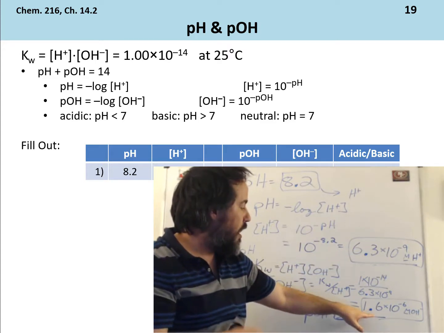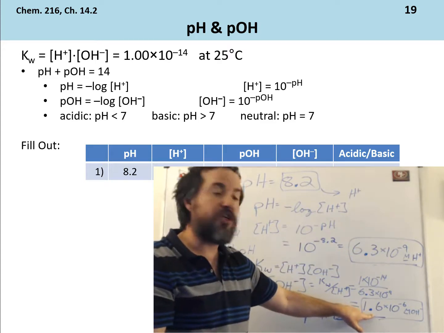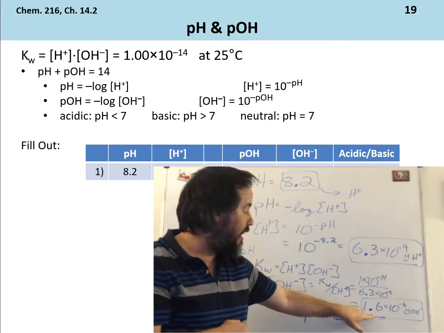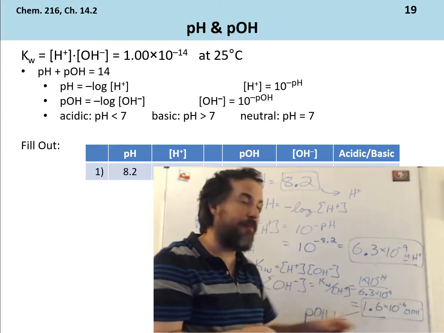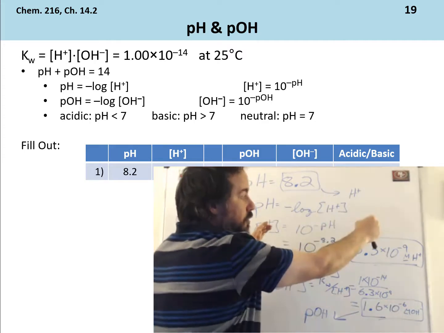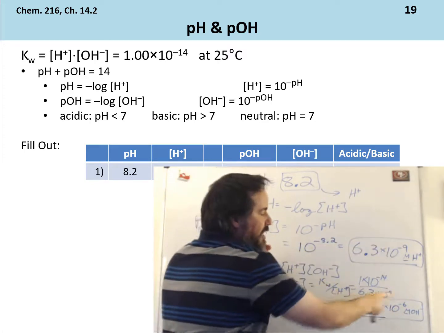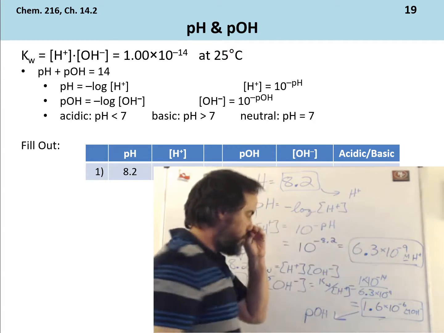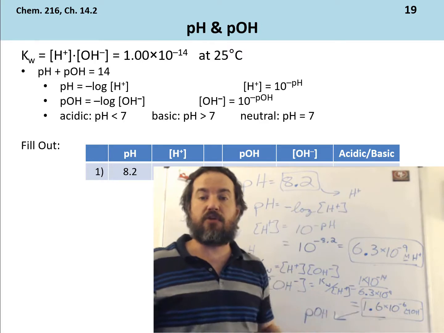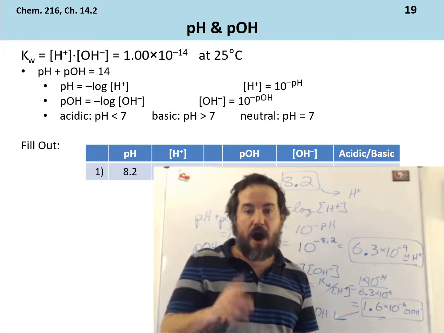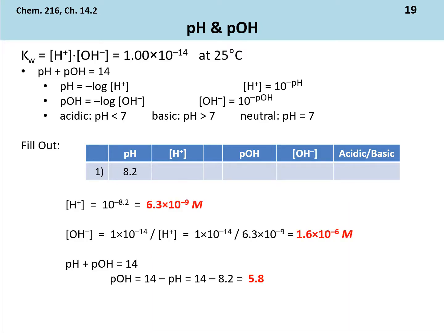If my OH minus is greater than 1 times 10 to the negative 7th, and this number is, because remember, 10 to the minus 6 means 0.000001, whereas 10 to the negative 7th, you have more zeros. So if this is greater than 10 to the negative 7th, that means it's also basic. All of these point to the fact that this is a basic solution.